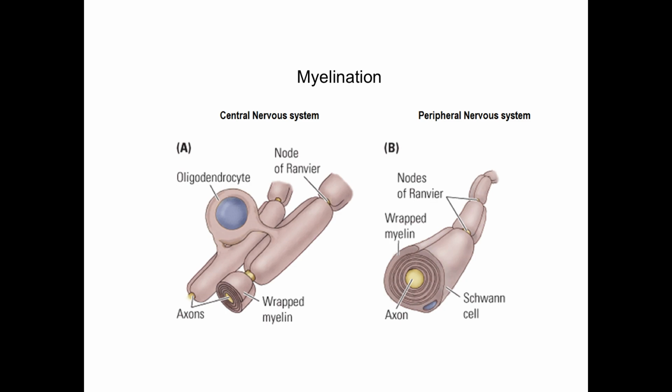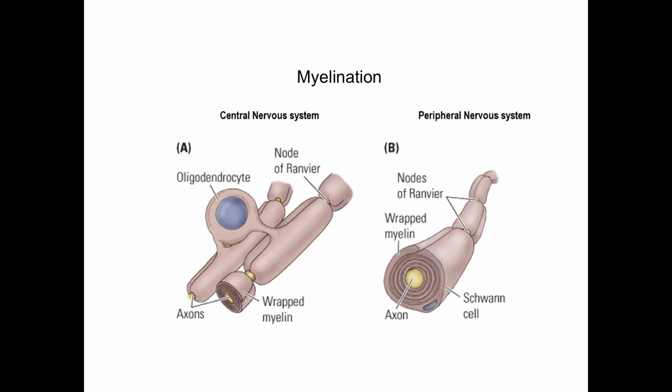So impulses cannot be produced where the myelin is around the axon. So no action potential happens at the location where there's myelin. They technically create a barrier to the flow of electrical current. The axon still needs to propagate these action potentials, right? So the axon is not completely covered in myelin.